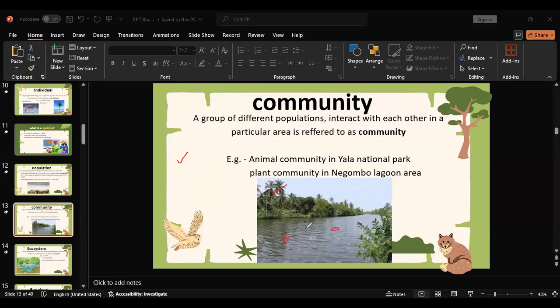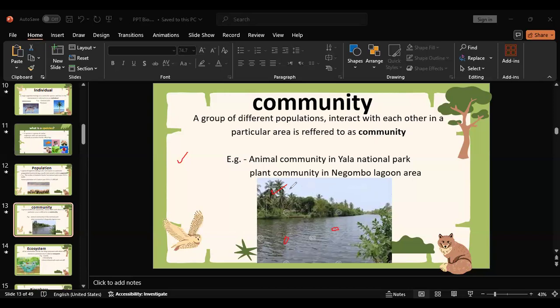The crocodile is one population. The coconut plants are one population. Fish are another population. So a group of different populations interacting with each other in a particular area is known as a community.